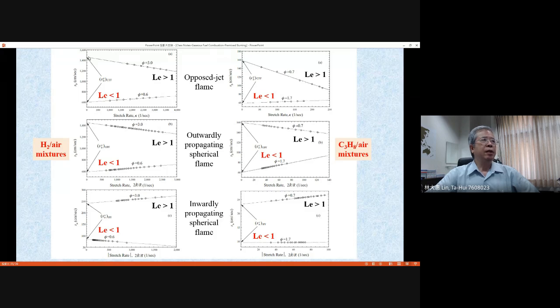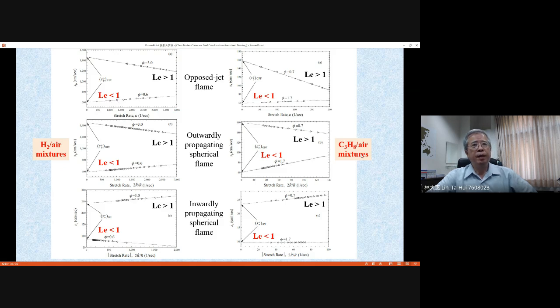Then they do the experiment, and you find out the results for opposed jet flames. As you remember, for Lewis number smaller than 1, for the lean hydrogen, this is smaller than 1, equal to 0.6, right? As the lean case, we already estimated the Lewis number should be smaller than 1.